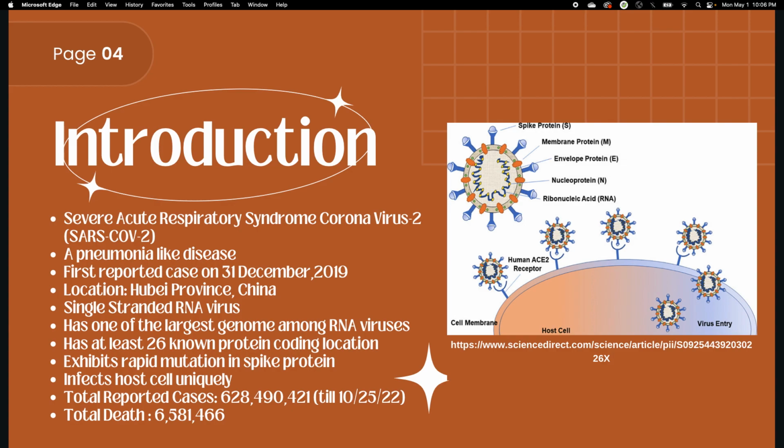This protein coding zone is very important because with the spike protein, this virus gets attached to the human ACE2 receptor, and when the virus gets attached to the human ACE2 receptor, it basically gets into the host cell by breaching the human cell barrier. And when they can do so, they basically infect the host cell.